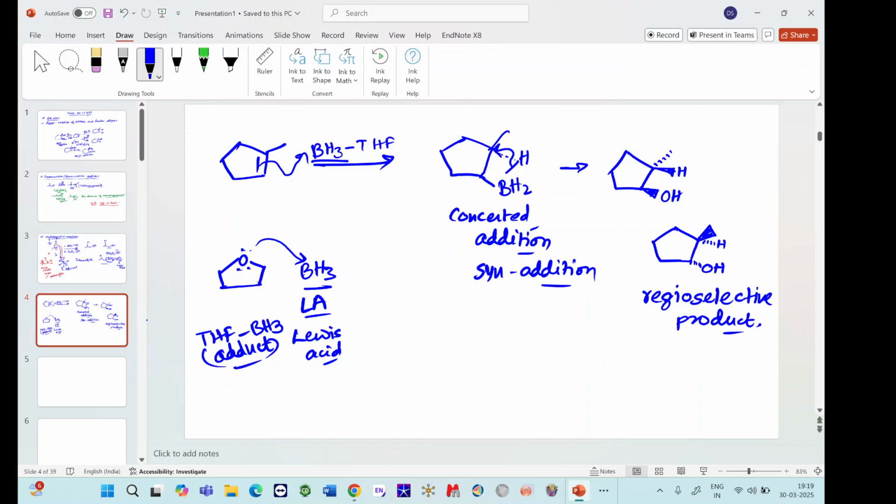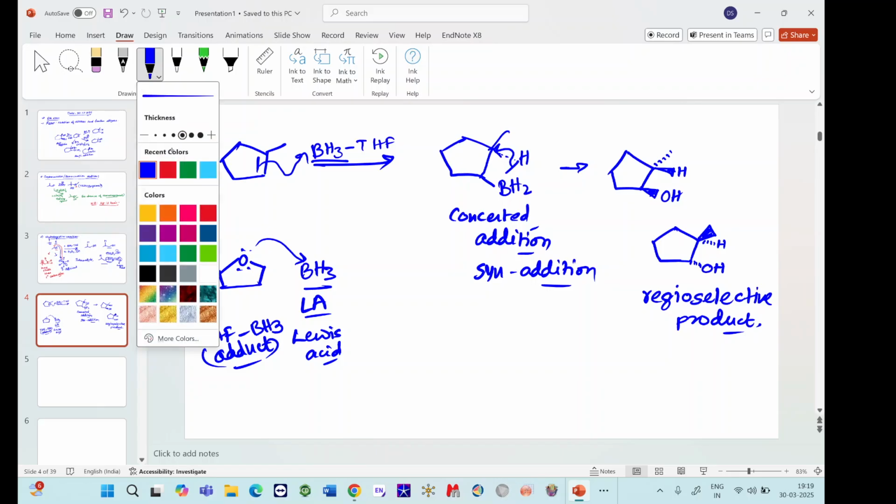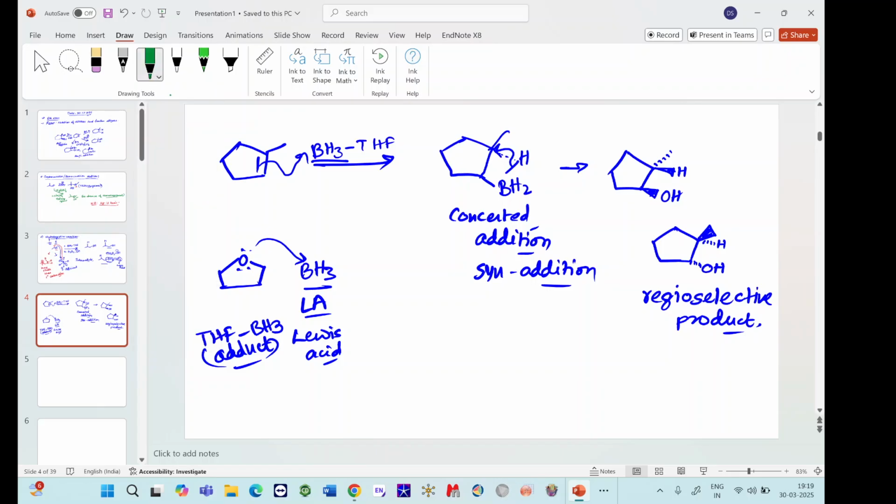Okay, so to know the reason behind your alkene attacking the electron deficient boron center, why it is this way?